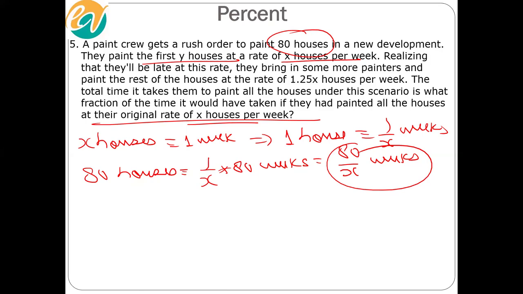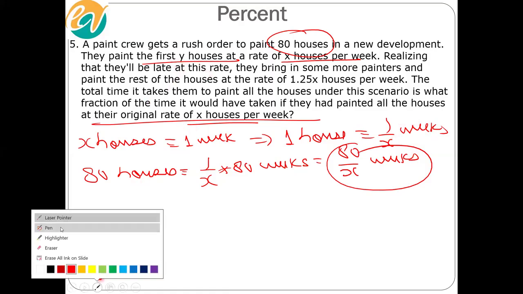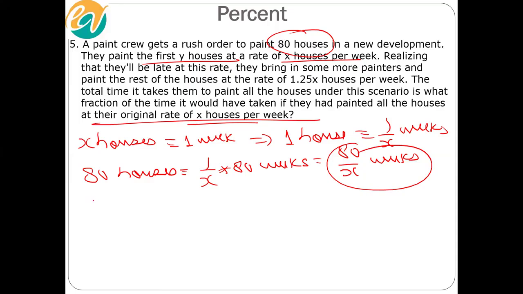Again, we can do unitary method, right? X houses in 1 week, one house in 1 by X weeks. So Y houses in Y by X weeks.